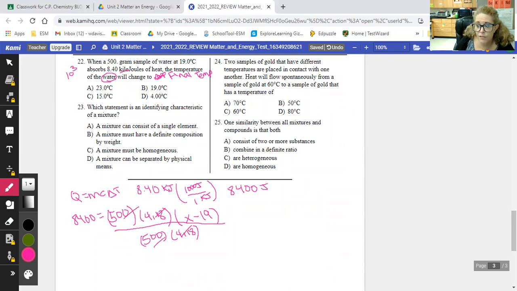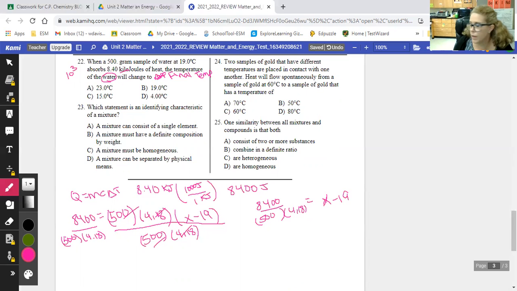So that's going to be my first step. And I do the same thing to both sides, right? So then I have the 500 and the 4.18, right? So then that means that I have 8,400 divided by 500 times 4.18, and that equals x minus 19.